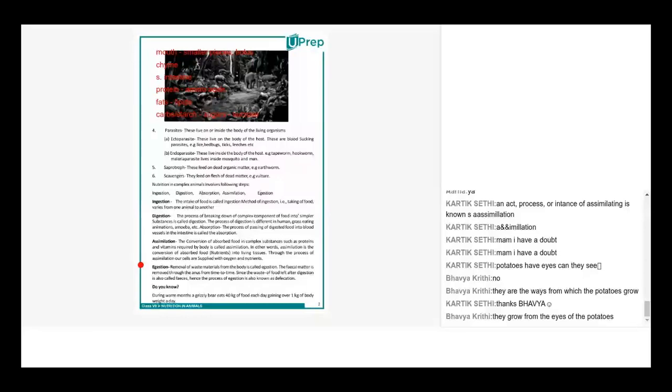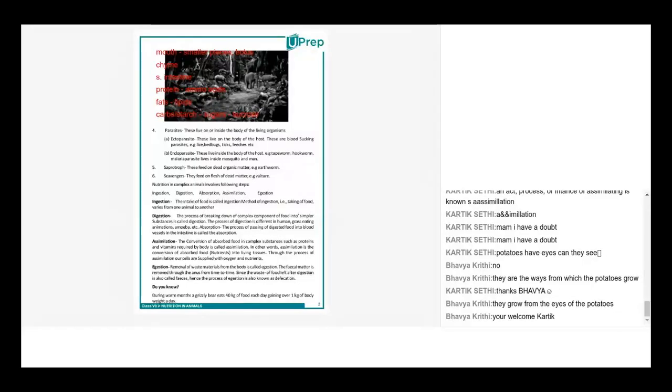For example, our eyes would need a lot of vitamin A. Correct? So the blood would carry vitamin A to the eyes. Our brain would need certain vitamins, certain fatty acids. So the blood will take it.